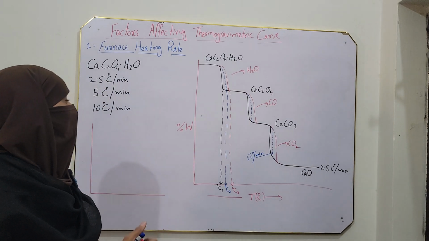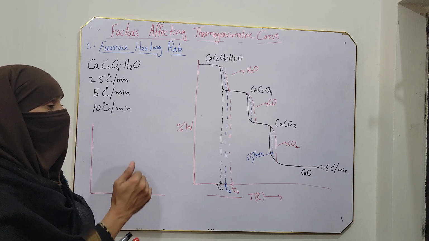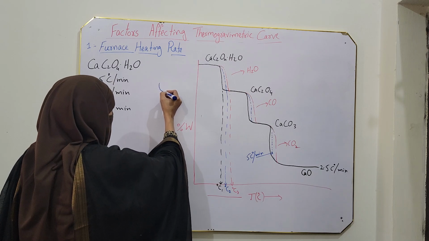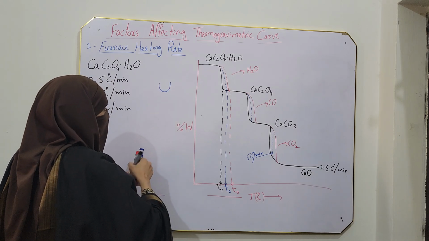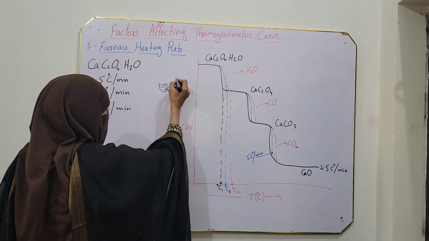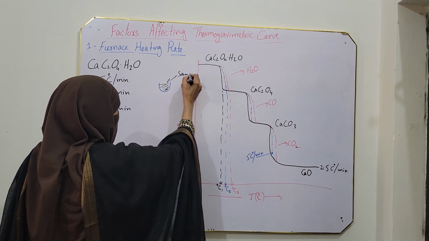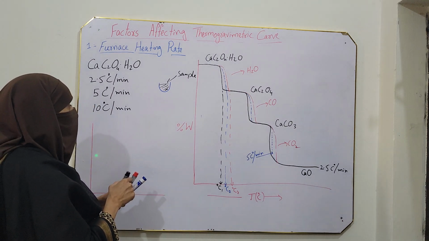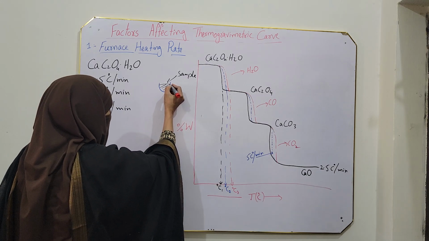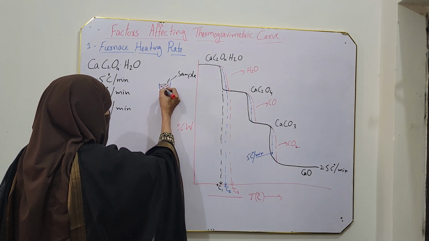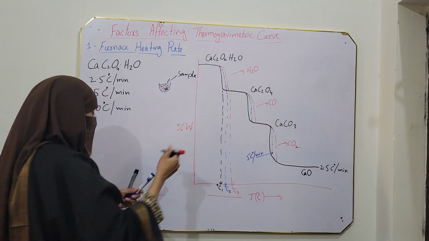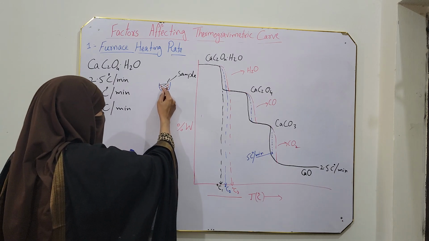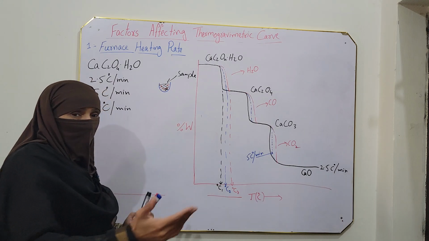Now why does this happen? When we heat our sample at a fast heating rate, the sample is heated quickly. Say this is the crucible, and in this crucible, this is our sample. When the sample is heated slowly, like 2.5 centigrade per minute, then heat is slowly transferred to the inner part of the sample and the whole sample decomposes in a uniform way, because heat is slowly transferred to all inner parts, and all inner parts also feel the same heat.